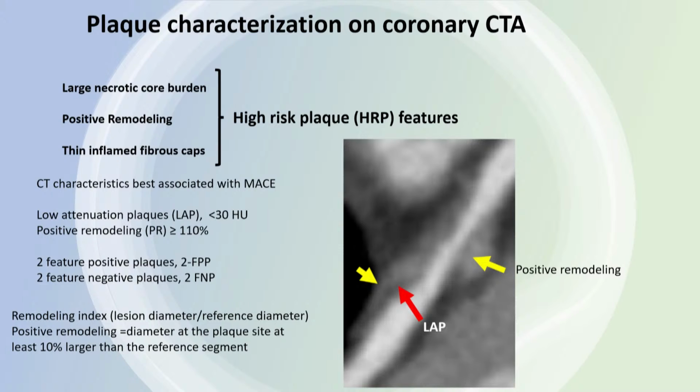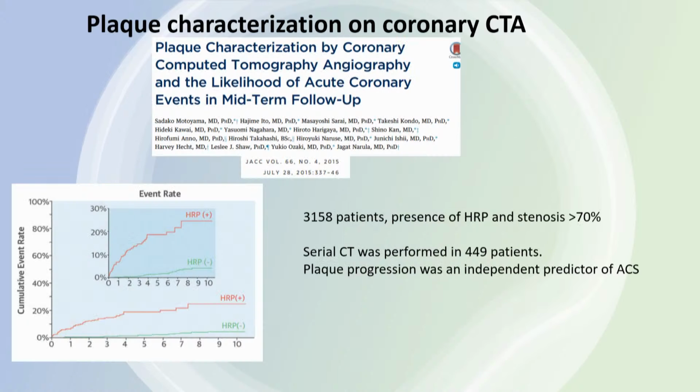So two-feature positive and two-feature negative are terms used if a plaque has both of these features, large necrotic core burden and positive remodeling, that's a two-feature positive plaque. If both of them are absent, that's a two-feature negative plaque. Again, here in yellow is the positive remodeling, and this is a low attenuation plaque with Hounsfield units less than negative 30. What about association of outcomes with high-risk plaque features?